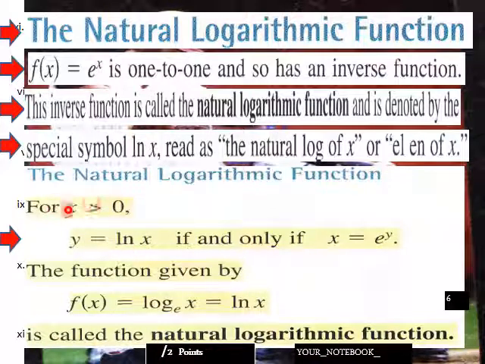For x greater than 0, y equals natural log x if and only if x equals e to the y. The function given by f of x equals log base e of x equals natural log x is called the natural logarithmic function. This goes in your notebook, page 6, students.